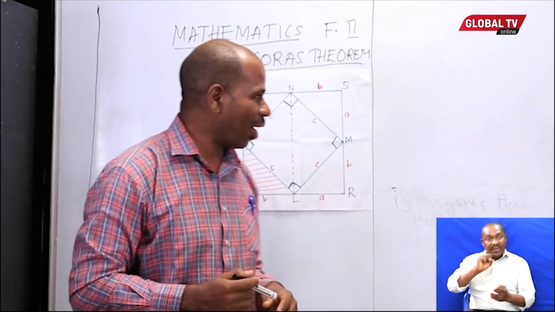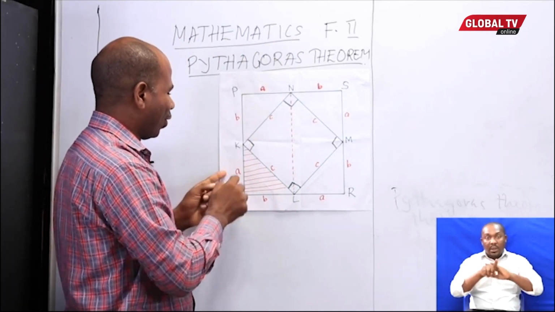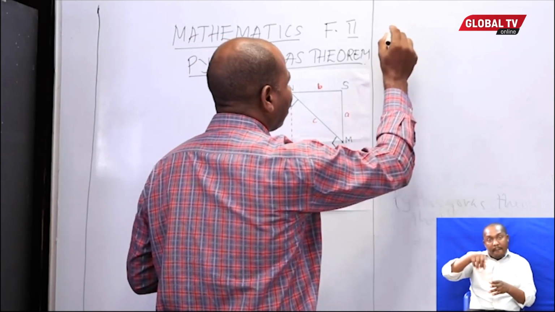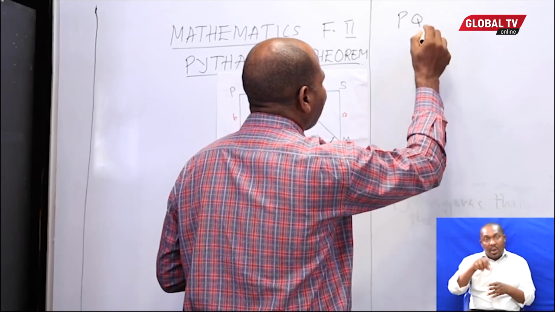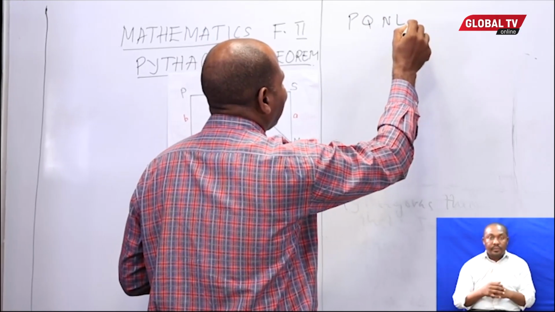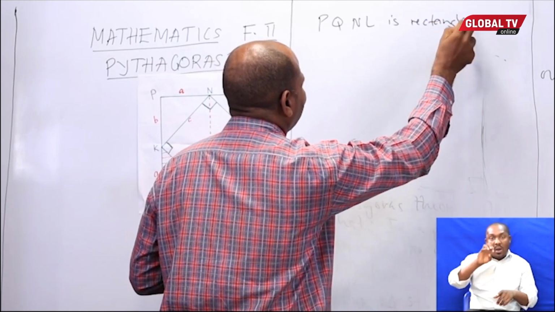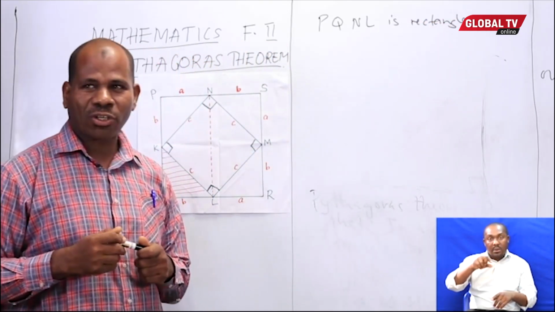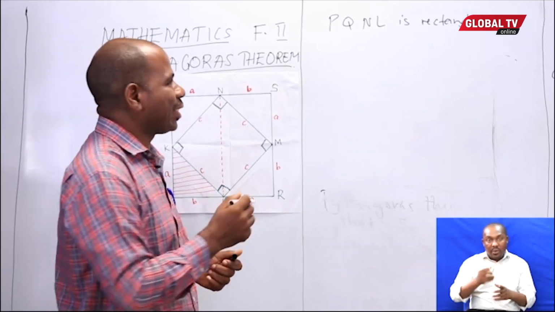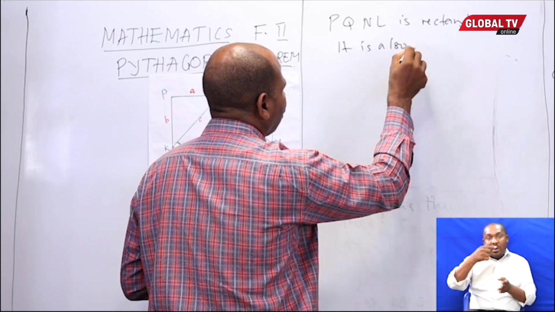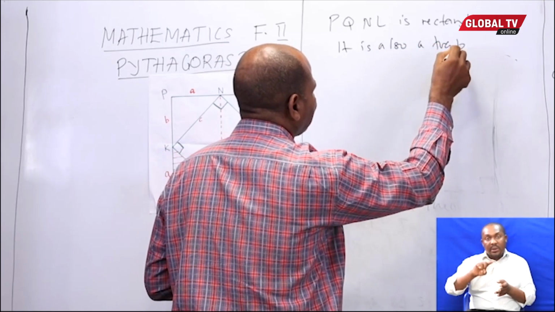So now let us use P, Q, and L. PQL is a rectangle for one side. But we can also call it a trapezium.